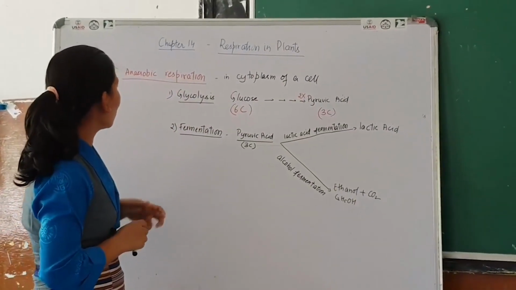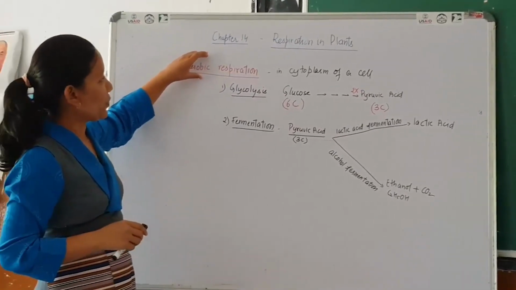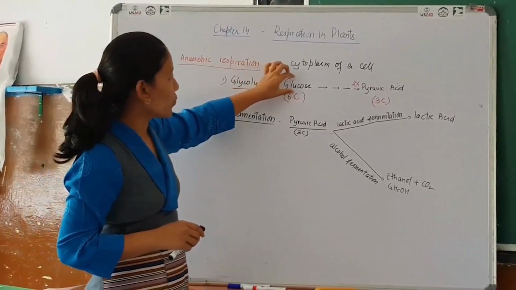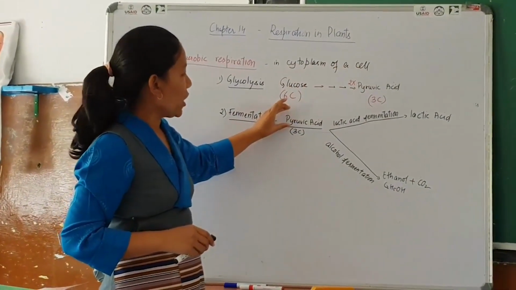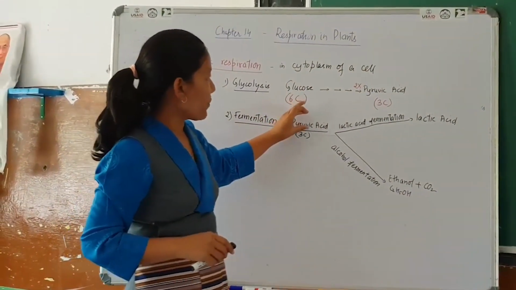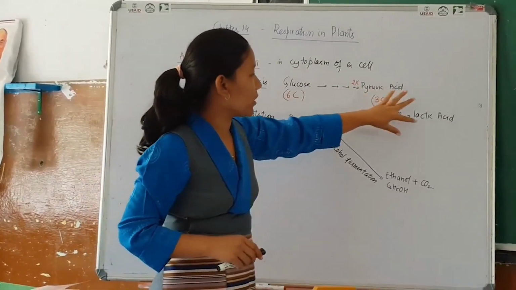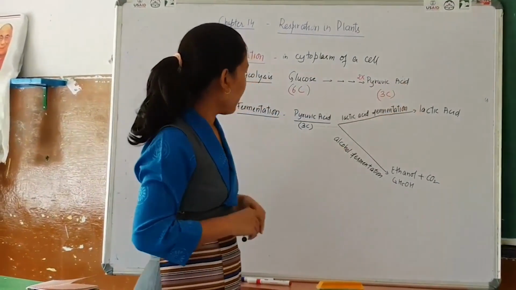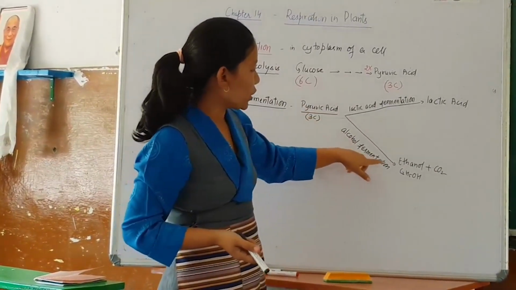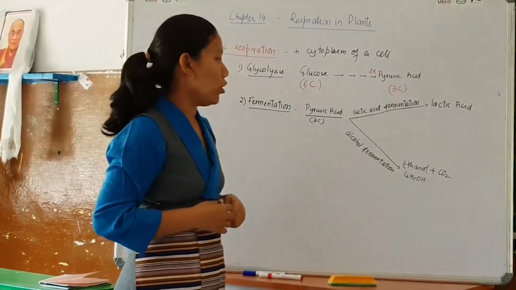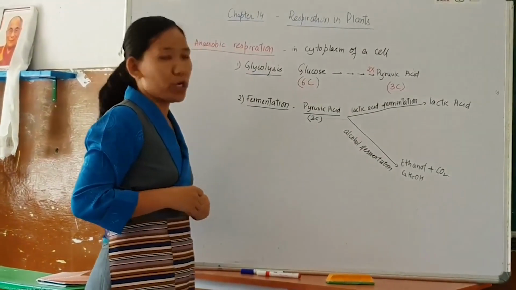So you can see that during anaerobic respiration, glucose breaks down into pyruvic acid. This pyruvic acid undergoes lactic acid fermentation and gives rise to lactic acid. And if it undergoes alcoholic fermentation, then we get ethanol and a molecule of carbon dioxide.